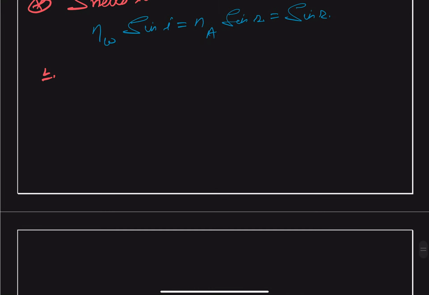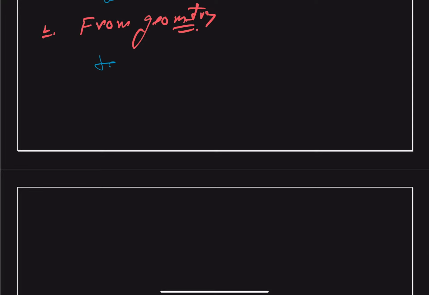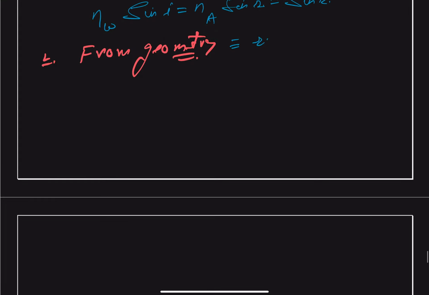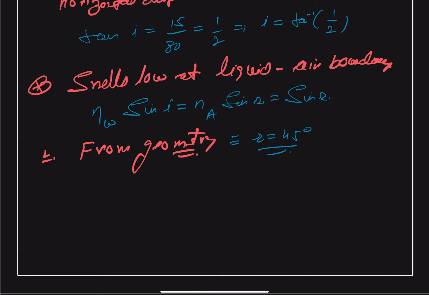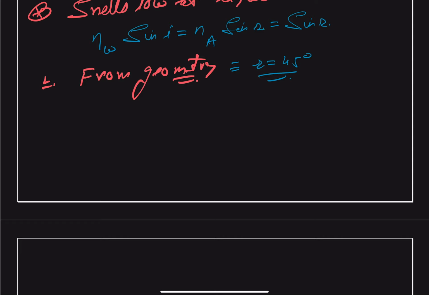So from the geometry, we can say that our R will be equal to 45 degree, and therefore sine of R, which we found is 45 degree, is our theta 2.